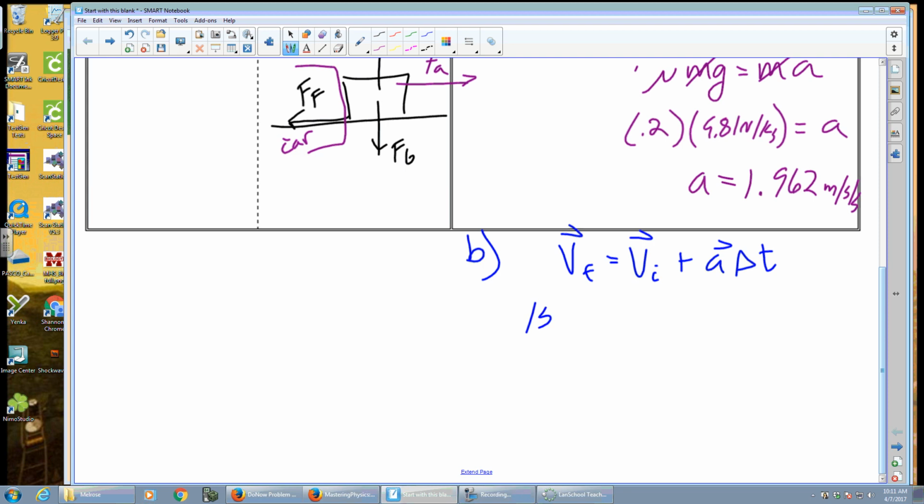Now it's substituting in, right? For my problem, it said, what's the shortest amount of time the car can accelerate from rest to 15 meters per second?